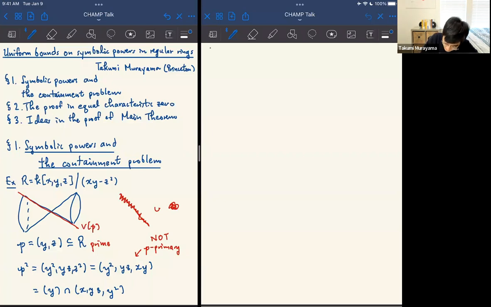And so this leads to the idea behind symbolic powers, which is due to Krull in 1928 when he was trying to prove the height theorem, which is that you can enlarge P squared so it is P-primary.